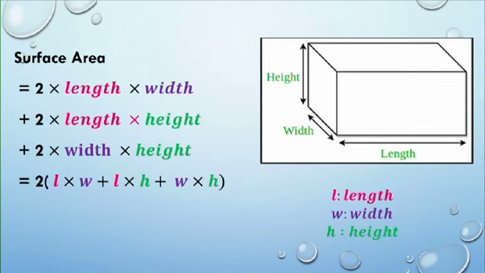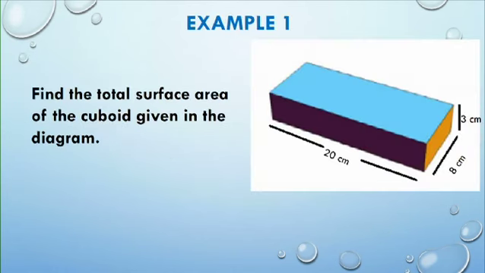And here I have 2 similar rectangles where I have width times height. So the surface area will be 2 times length times width plus 2 times length times height plus 2 times width times height.